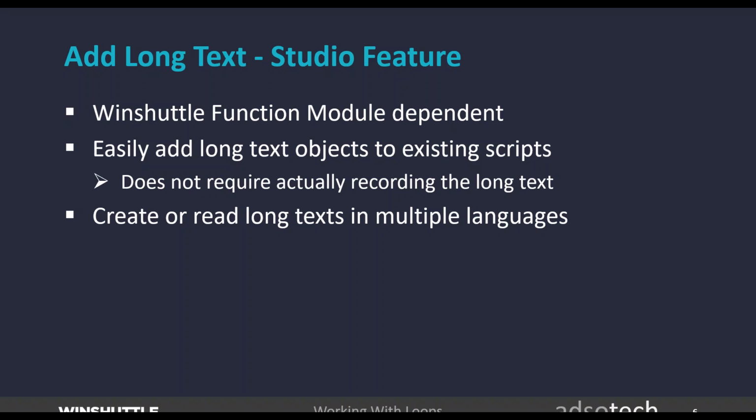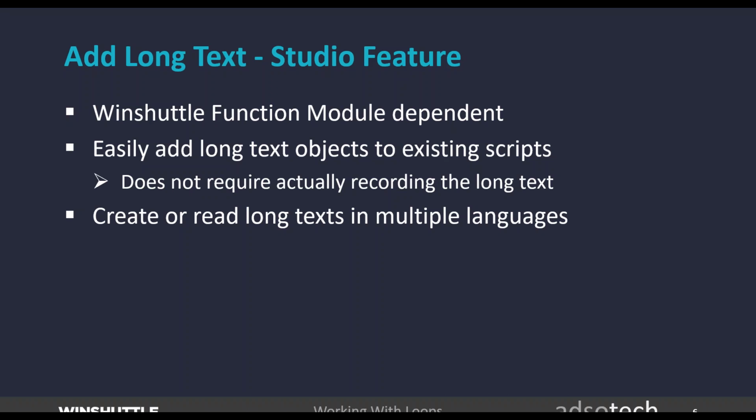But what version of the function module you have can also impact what kind of long text objects you can use with the add long text feature. So the short version is you want to make sure that you have the latest versions of Winshuttle Studio and the Winshuttle function module installed in your SAP system, to be able to use all the features in Winshuttle Studio, including managing all the different long texts.